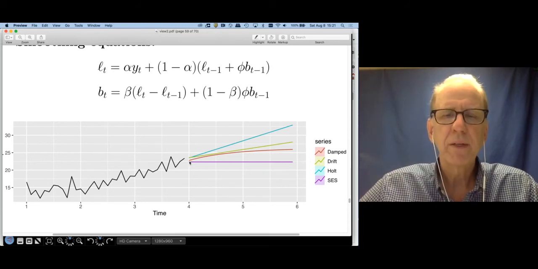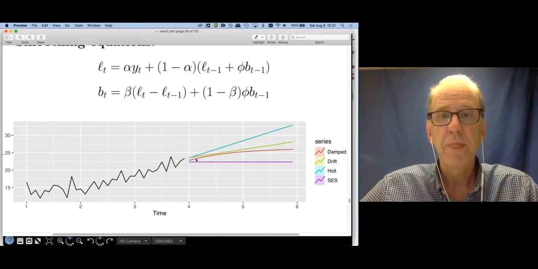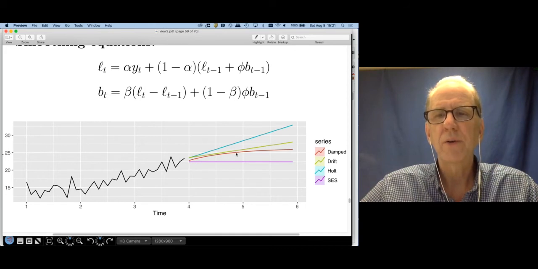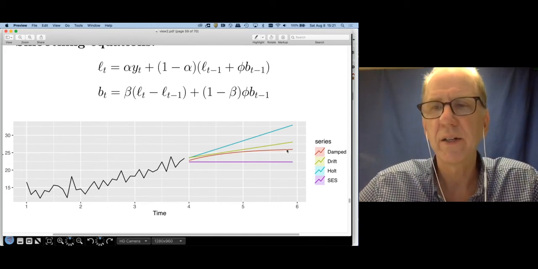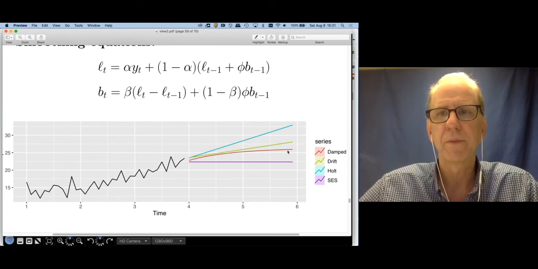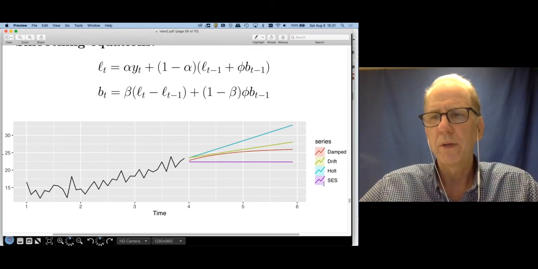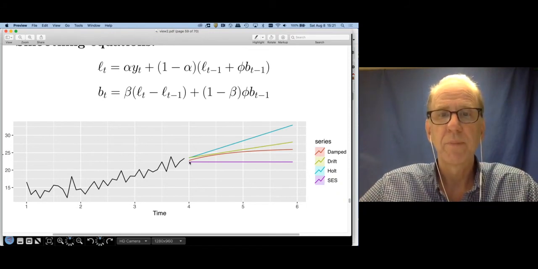But let's go look at our damped method. So the damped method, you'll see, starts out increasing really close to the same rate as the Holt method, but then you'll see it flattens out. And I think it's kind of clear that this is approaching a limit based on the math that I just did, while the simple exponential smoothing method makes no attempt to capture any trend, and it's just flat.